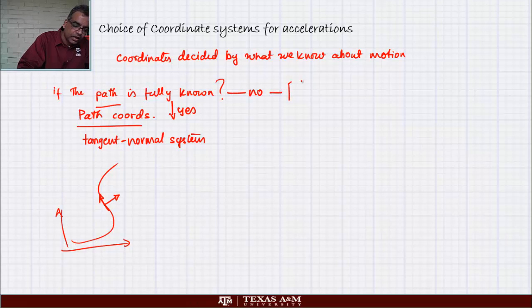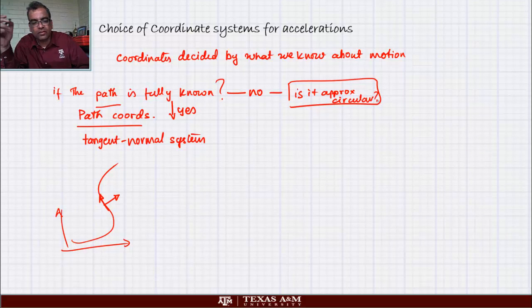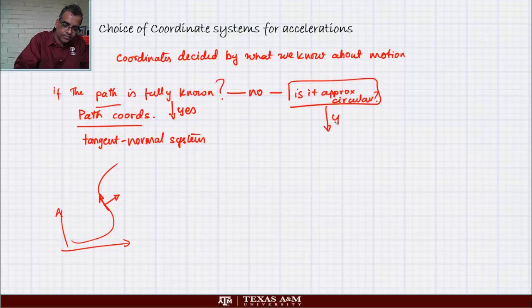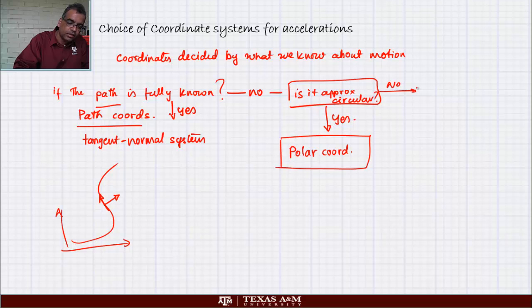The next question is, is it approximately circular? I don't know the path, but I think it's approximately circular. If the answer is yes, then you use what are called polar coordinates. If no, then we just use mostly Cartesian.